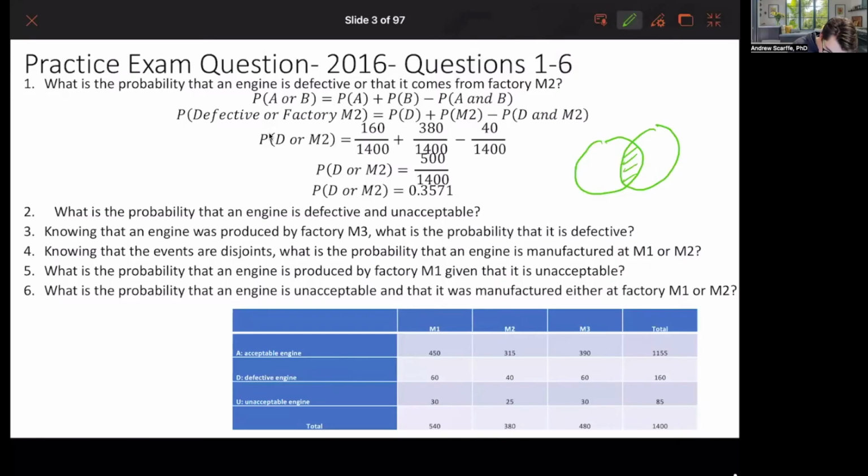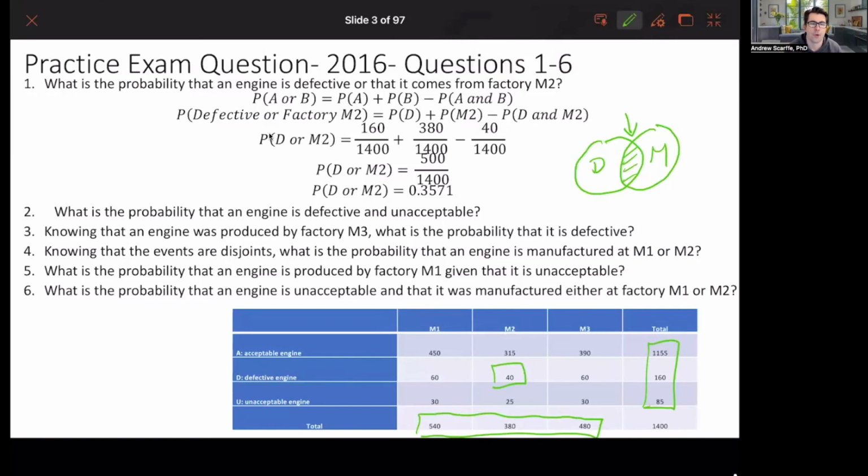It's either going to be defective or M2, but then there's this instance in the middle, which is our joint probability, where it is both defective and from factory M2. This is called our joint distribution. Remembering that the distributions found in our margins are called our marginal distributions, and the distributions found within the body of our table are called our joint distributions.